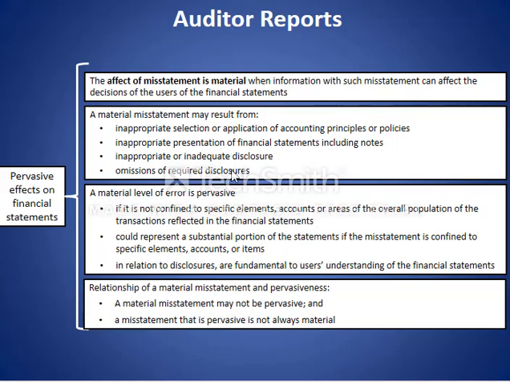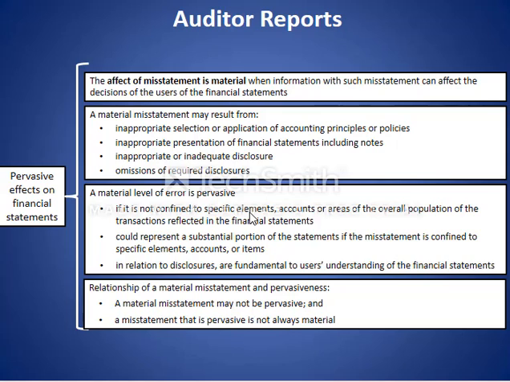Now let's bring in pervasiveness here. A material level of error will be considered pervasive if it is not confined to specific elements. And when we say elements, those are different line items on a financial statement.